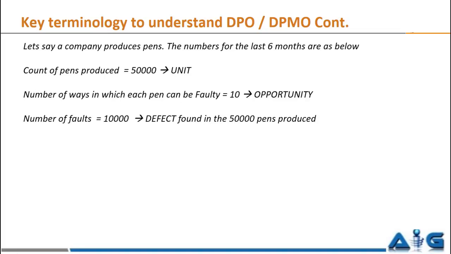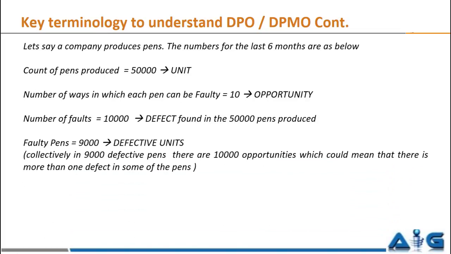While in my QC processes, I found the number of faults equals 10,000, or I found 10,000 defects in 50,000 pens produced. And the total number of pens that were declared as faulty is 9,000. So I would say I have 9,000 defective units.